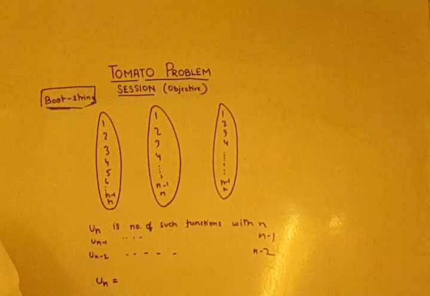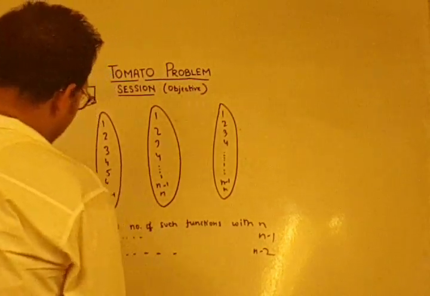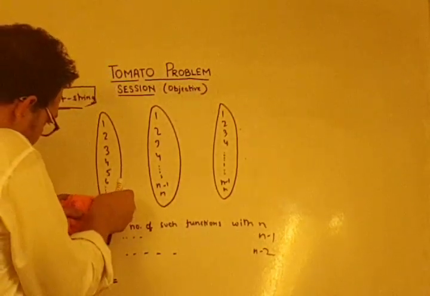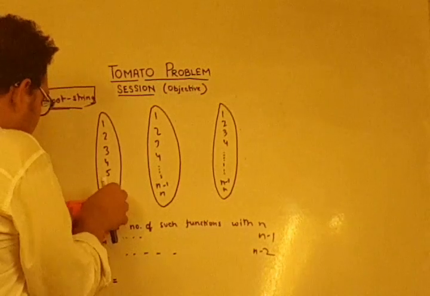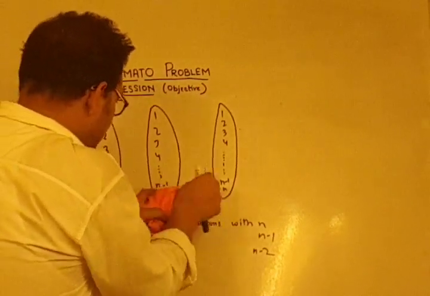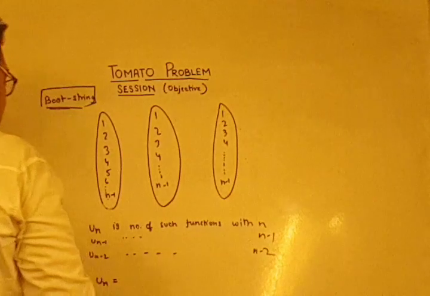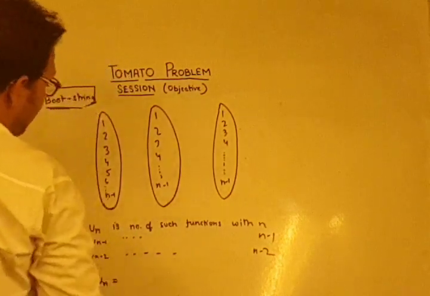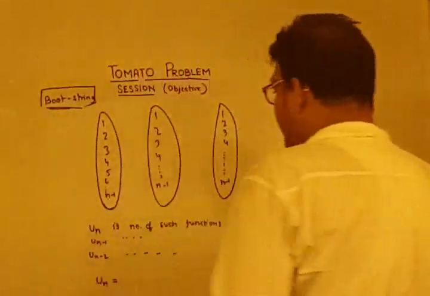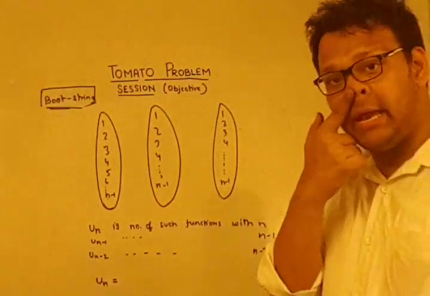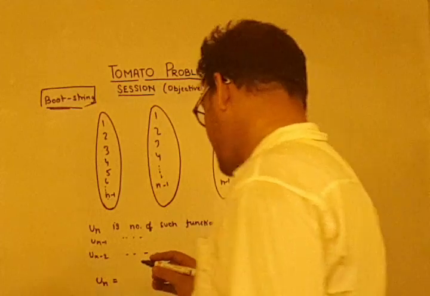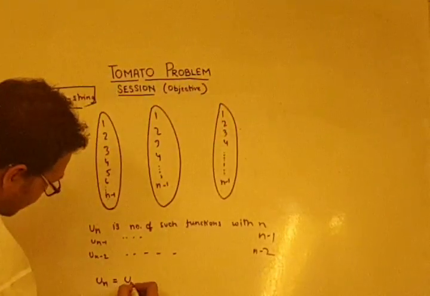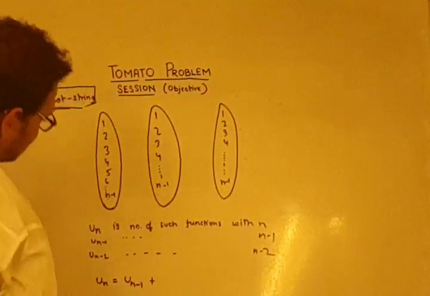Now suppose I rub off this n from beneath. Now I have n-1 elements. How many ways are there to map n-1 elements? That is U(n-1), plus.